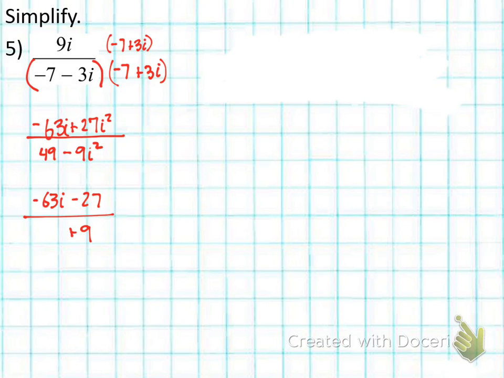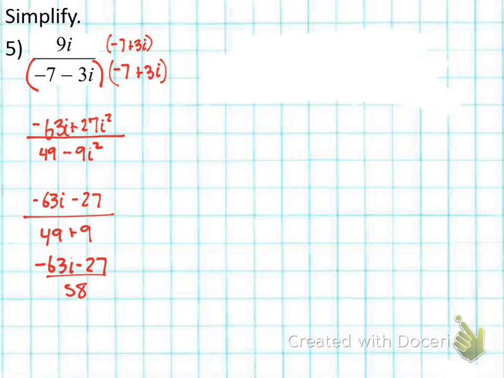And then we have 49 here, so we got 49 plus 9. 49 plus 9 we know is 58. So 58, and then we got negative 63i minus 27. We know 58 is a multiple of 2. It's not really a multiple of 4. It's not a multiple of 6. So it doesn't really go into 9 or 3. So we can't really simplify that.